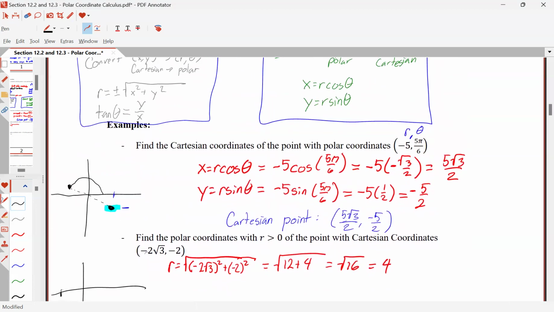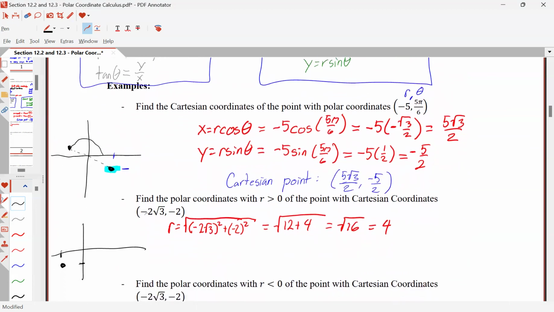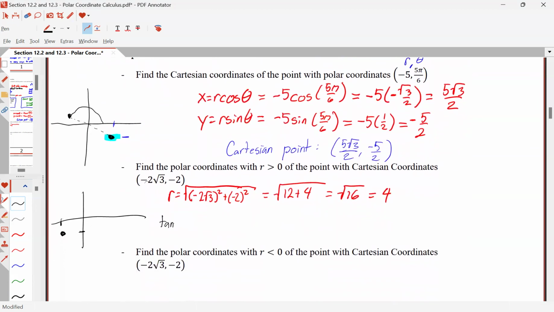We have the tangent of theta equals y over x. So tangent theta equals y over x equals -2 over -2√3, or tangent theta equals 1 over √3, or we can also write this as √3 over 3.